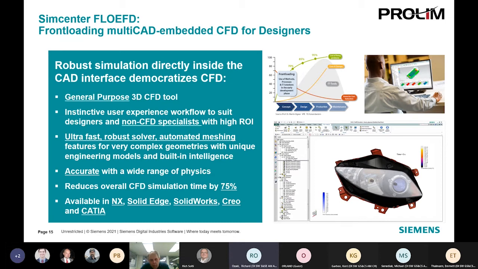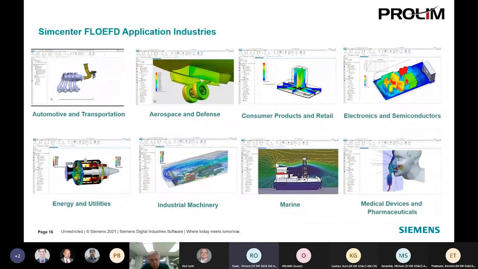Okay, so what kind of designs can we tackle with FlowEFD? Yep. So here are the industries that we go to market with here at Siemens. Automotive and transportation, anytime you're using some sort of fluid, and remember a fluid can be a liquid or a gas. So here we've got an intake manifold, external aerodynamics and aerospace and defense applications, consumer products, something as simple as an extractor hood.